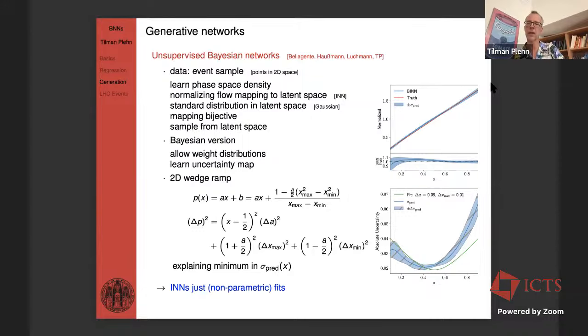The truth is red, and the blue line is the central network prediction. Here in the top panel, you can hardly distinguish them. So we have, again, the ratio, and you see the ratio of the Bayesian network to truth is pretty close to 1. It gets a little bit worse in this region where you don't have a lot of training data, which is expected, right? The other thing is, you see that the Bayesian uncertainty on this density covers the deviation from 1 pretty well, right?